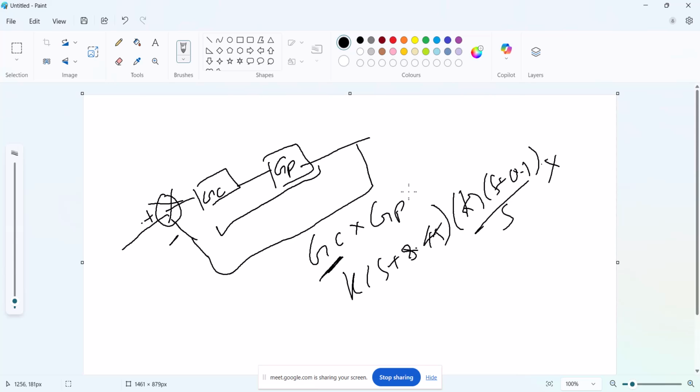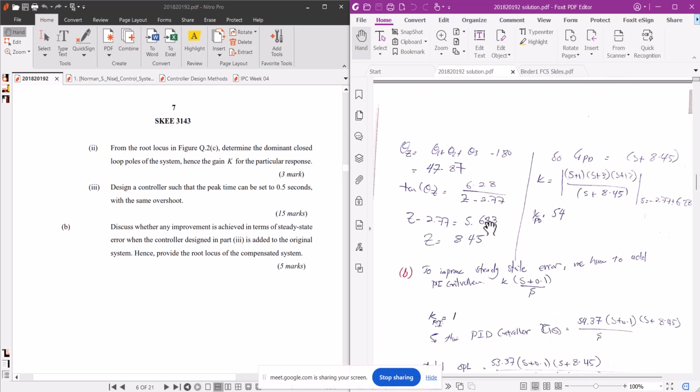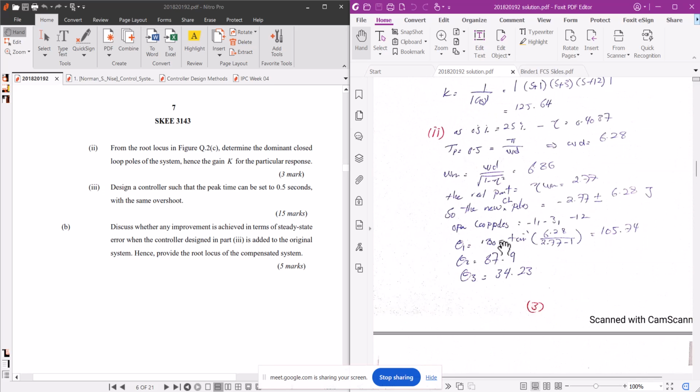Then we multiplied this with the GP. What was GP? That was 1 over s plus 1, s plus 3, s plus 12. So this will be the overall transfer function. With this transfer function, you will get zero steady state error and improved transient response, like peak time 0.5 second and overshoot of 25%.